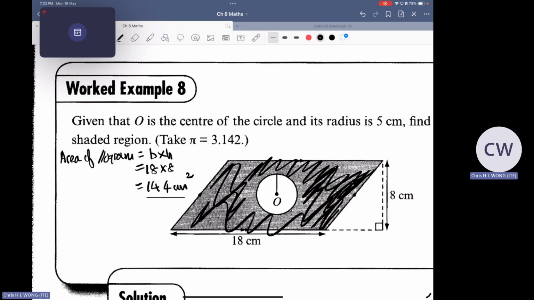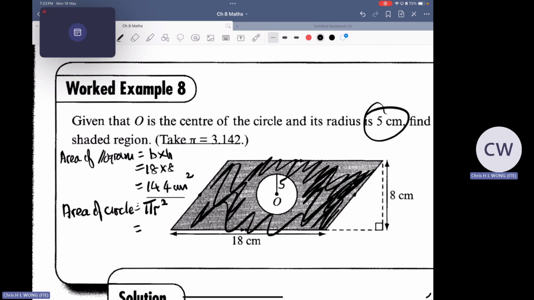Now I find the area of the circle. Pi r squared, right? Did they tell you what is the radius of the circle? 5. Here, 5. So pi, take 3.142. Cannot take any other thing except 3.142.